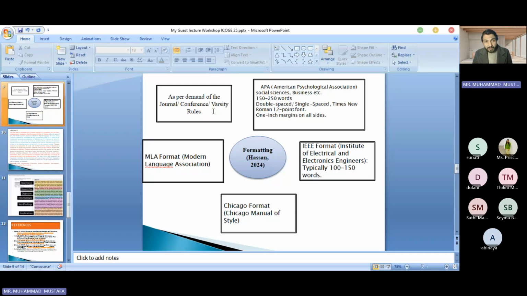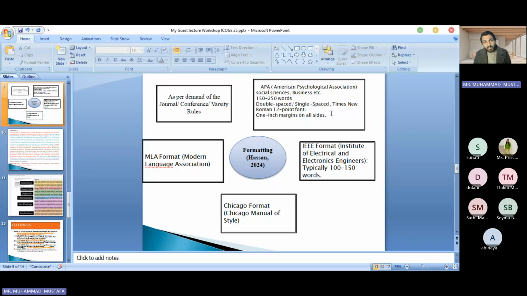After that, there are some specific formats commonly being practiced in institutions, journals, and conferences as well. So we should know the rules and formatting. APA is very important and very famous, the American Psychological Association.